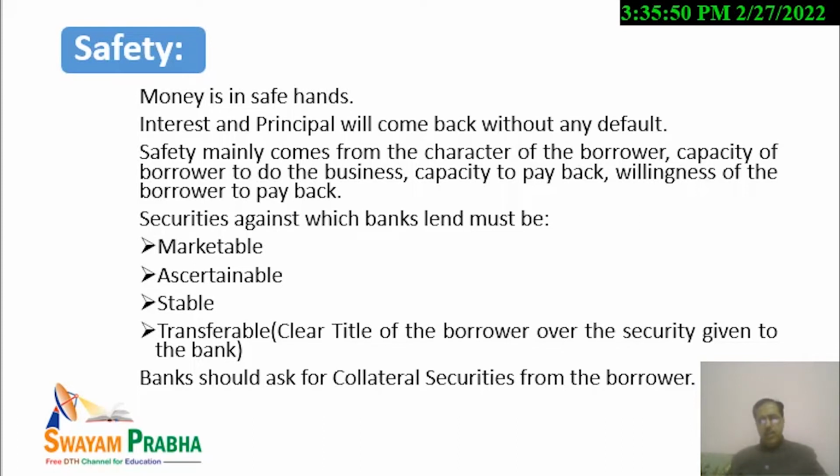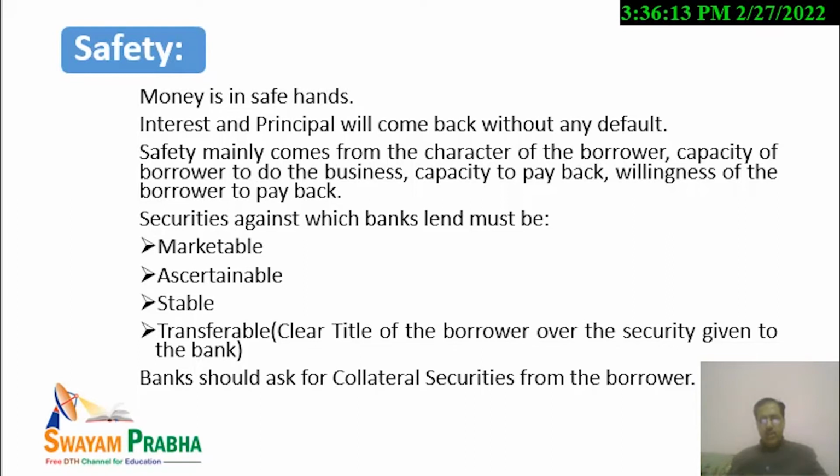Now, as far as safety is concerned, the bank should keep in mind the character of the borrower, the capacity of the borrower, his capability to do the business successfully, his capacity to pay back the loan. Then the main thing is his or her willingness.